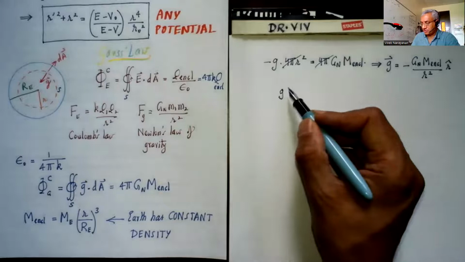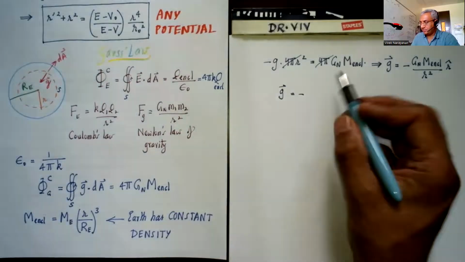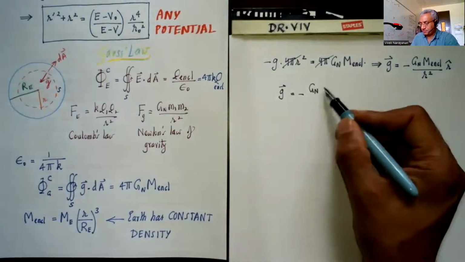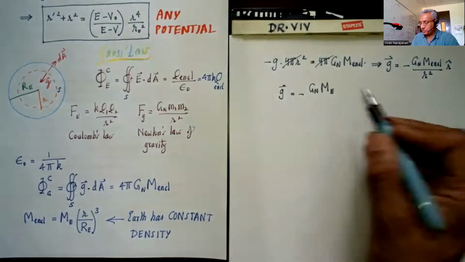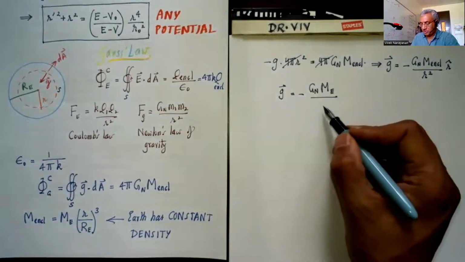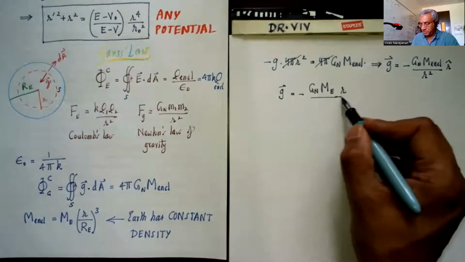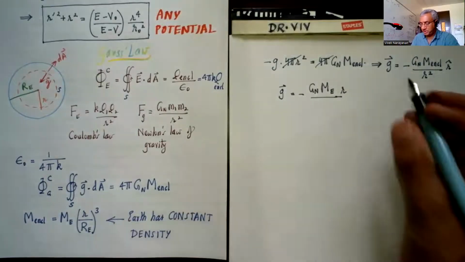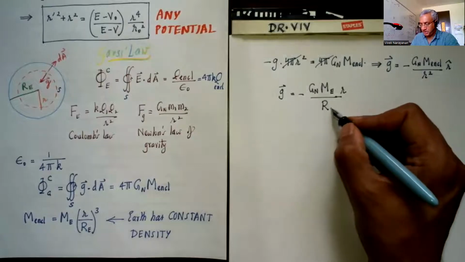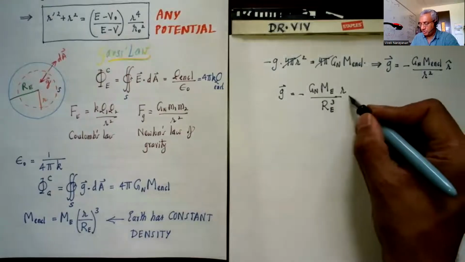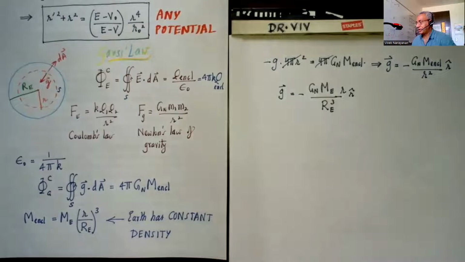This tells me that g equals negative G Newton, mass of the Earth, over R_E cubed, times r, because r squared cancels with r cubed, leaving an r in the numerator, times r hat. So that is our formula for the gravity inside.